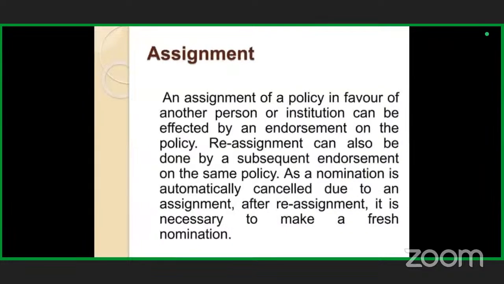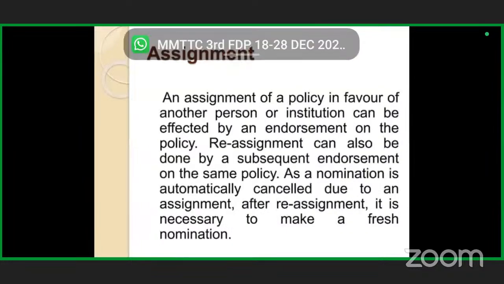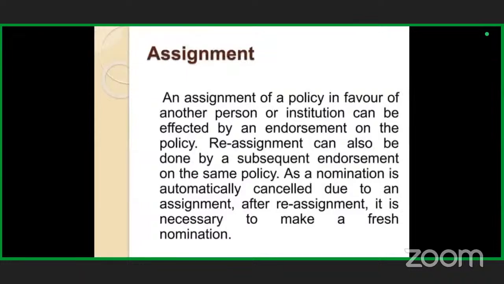And coming to the assignment. An assignment of a policy in favor of another person or institution can be effected by an endorsement on the policy. Reassignment can also be done by a subsequent endorsement on the same policy.